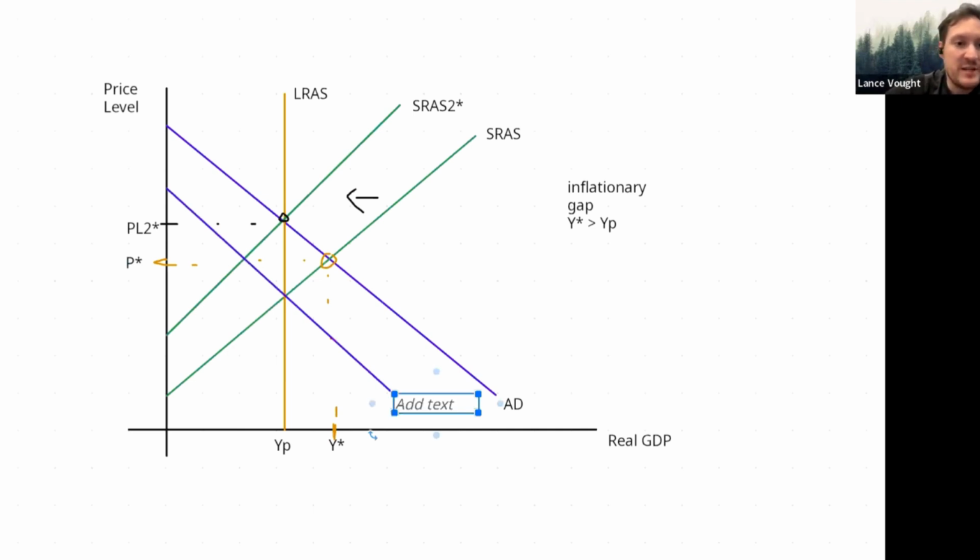But instead of being at PL2 star, we would rather be at PL3 star, which is going to be lower than even the original P star. So this shift to the left from AD1 to AD2, that is going to be contractionary policy.